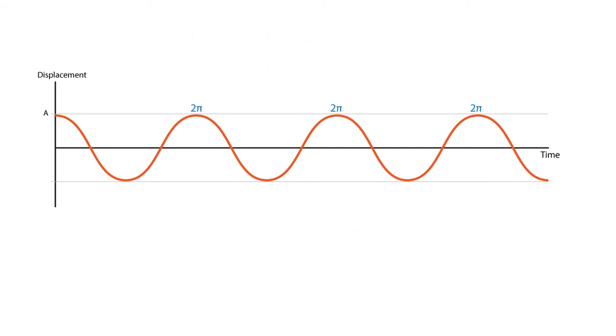Now angular frequency is simply the number of times an oscillation covers 2 pi radians. And that is given by the symbol omega, which is usually written as w, but with curves.